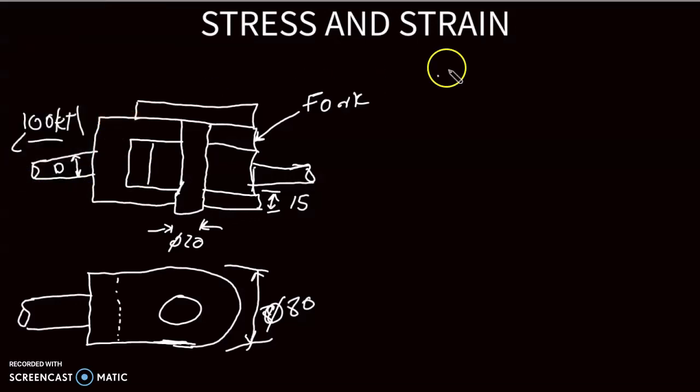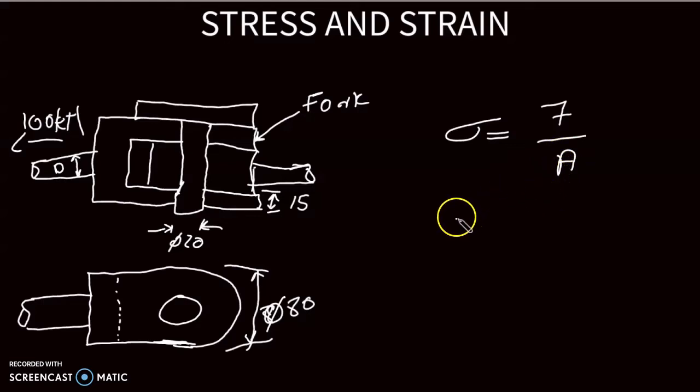So since we are given the tensile stress, we know tensile stress is given by force divided by area. The force we have, the stress we have rather, we are looking for the area. The area, that is where we are going to get our diameter.